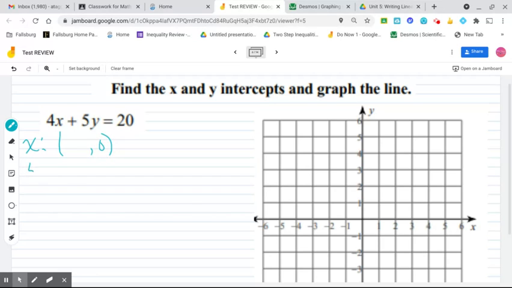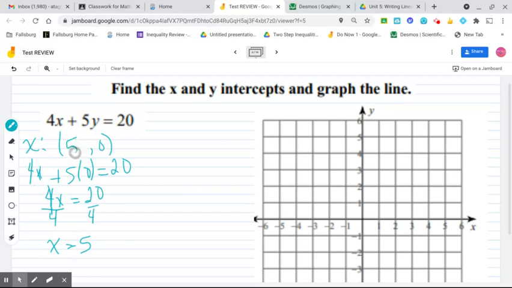So we have 4x plus 5 times 0 equals 20. 5 times 0 is just 0, so we have 4x equals 20. And then we can solve for x, and we get x equals 5.